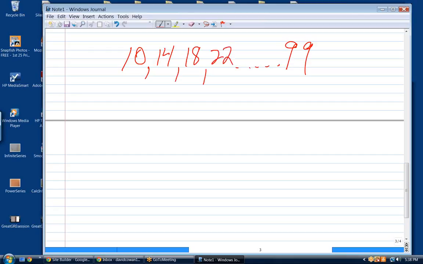What's the last one going to be before 99? 95? Well, it's got to be a multiple of 4. So I eventually get to 88, and then 92, and then 96. So all of these numbers right here, we want to add them all up.